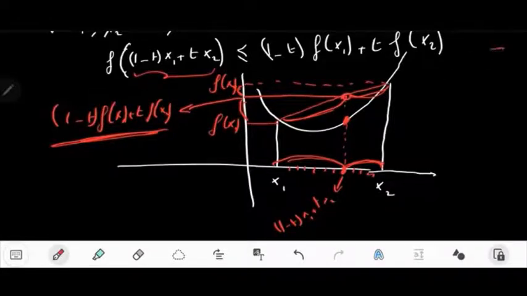So this inequality is saying that if you choose a point in here, its image on f will be less than its image on the straight line joining (x1, f of x1) and (x2, f of x2). In this case, the function is convex.